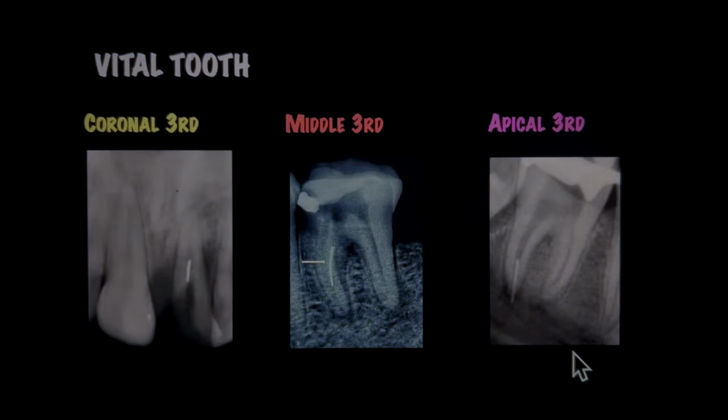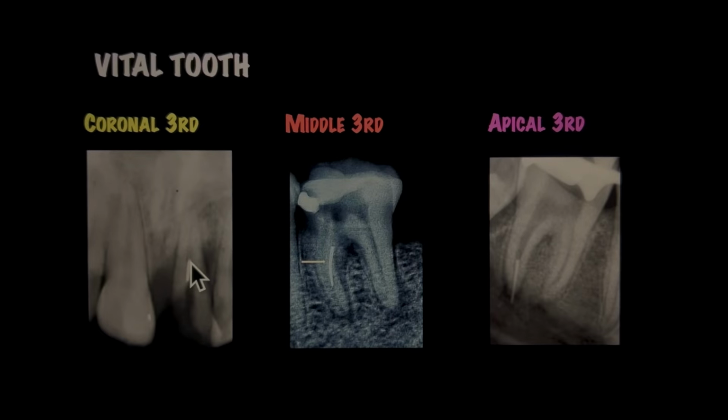Now let's start one by one. In case of a vital tooth, if the separation is in the coronal third, like in the left side radiograph, you have to retrieve the separated fragment from the canal.